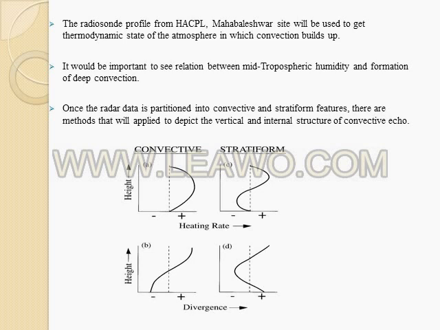convective and stratiform features. There are methods that will be applied to depict the vertical and internal structures of the convective echoes. Here we have the convective echoes and the stratiform echoes, and how the heating rate changes with height.